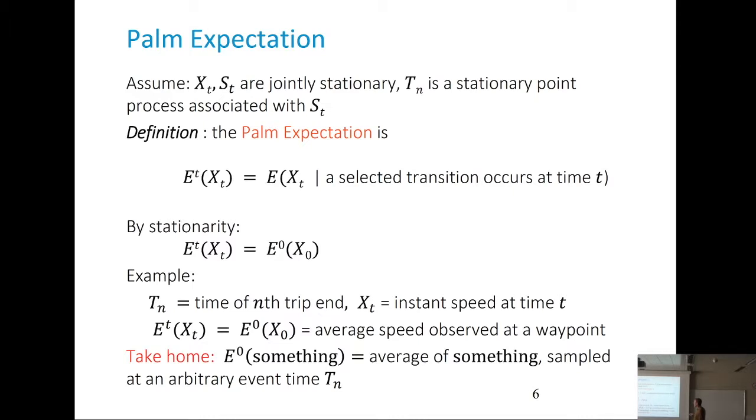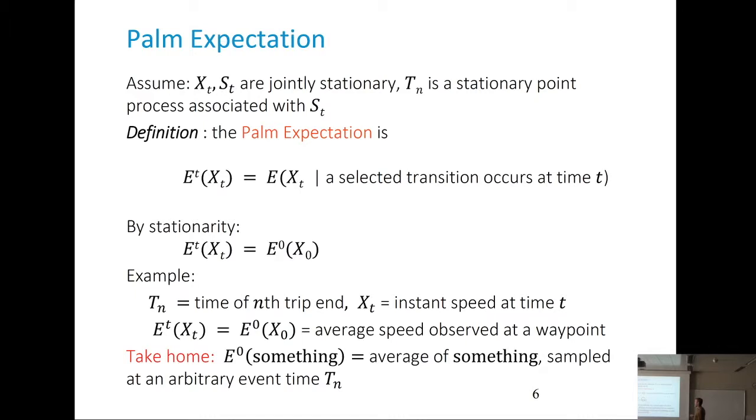Now, if you write this in discrete time using the formal definition of conditional things, you can see that this should be independent of time t because of the stationarity assumption. So this should be true. And this thing here is called the Palm expectation.